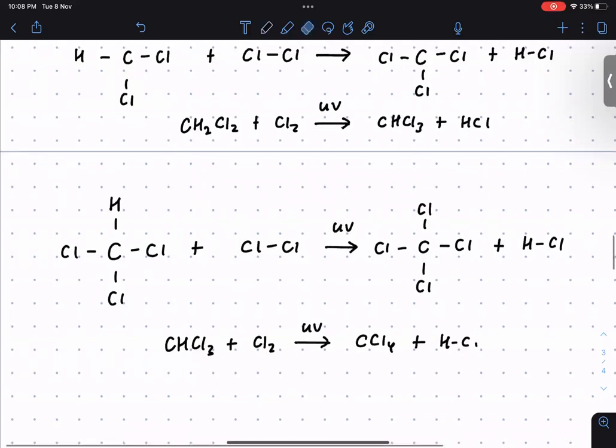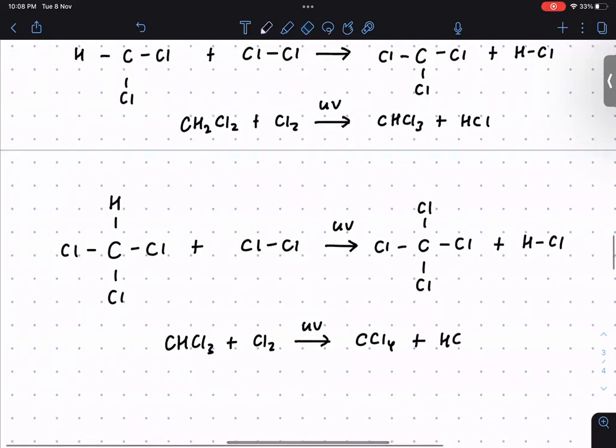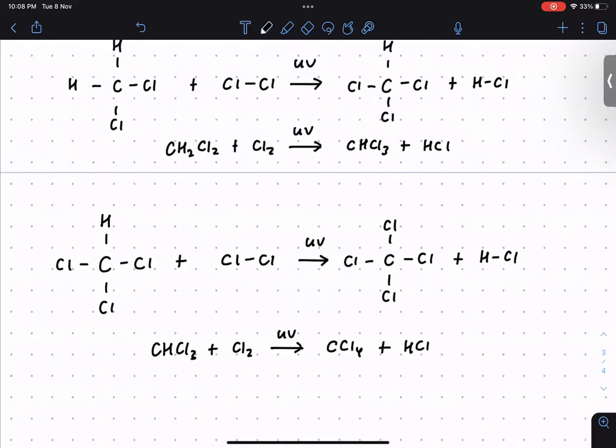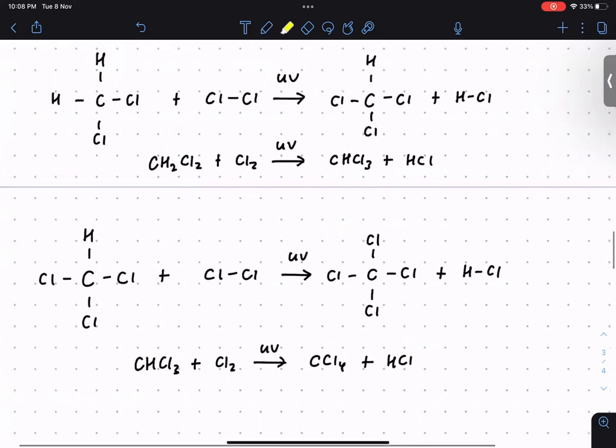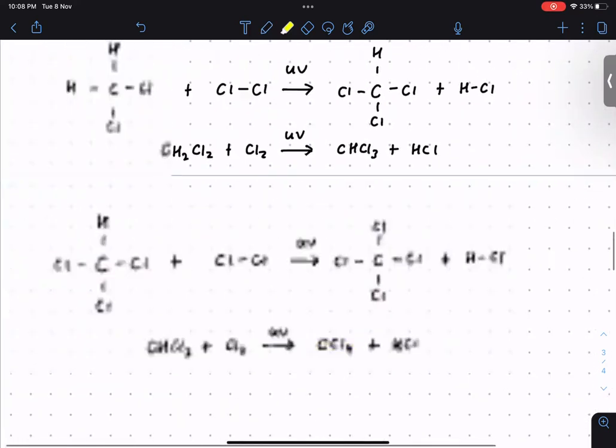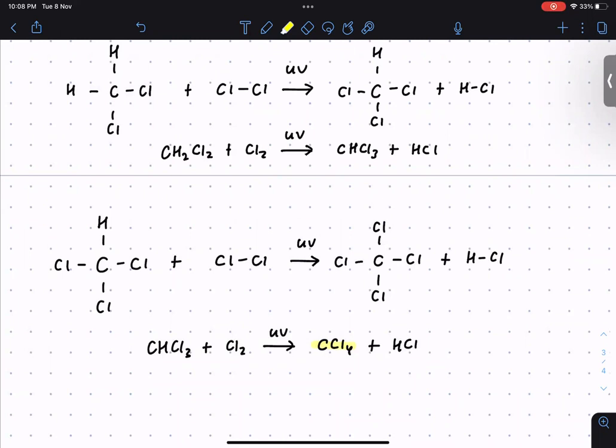So that's the last step already. This is tetrachloromethane. No more hydrogen left to display, so it's done.